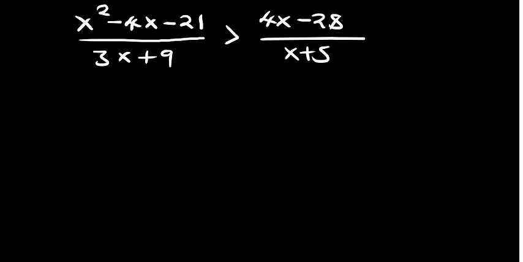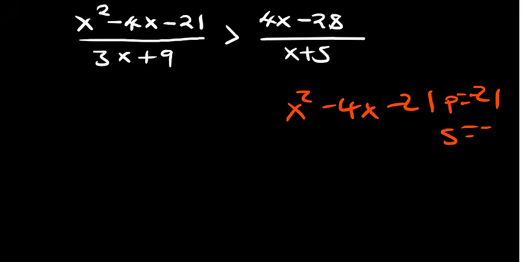So we have x squared minus 4x minus 21. The product that we have is minus 21. The sum that we have is minus 4. So for the factors, let's try out 7. Remember, our product is negative 21. Our sum is minus 4.